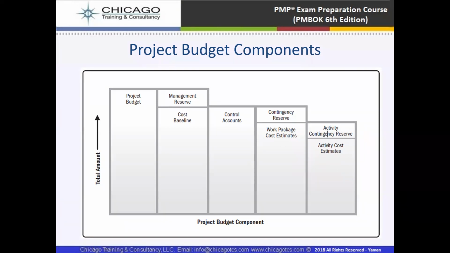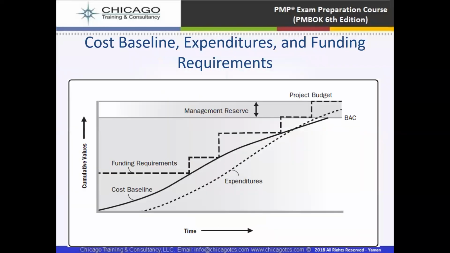And then we have cost baseline, expenditure and funding requirements, which shows cumulative values versus time and how the expenditures are. You can see the expenditures are less than the cost baseline. The expenditure should be less than the cost baseline, and we have funding requirements, like how much the management reserves are, how much the project budget is, and how much the budget at completion will be.